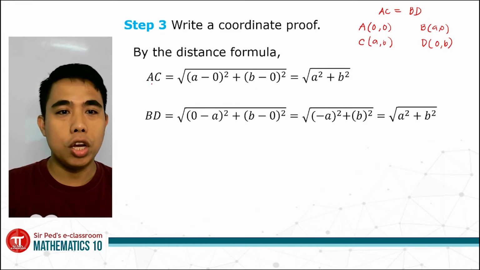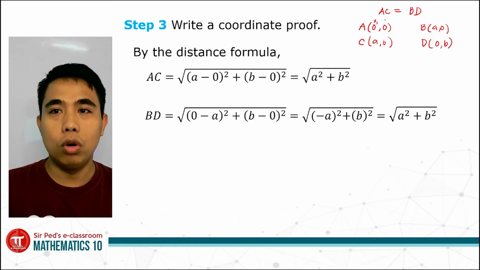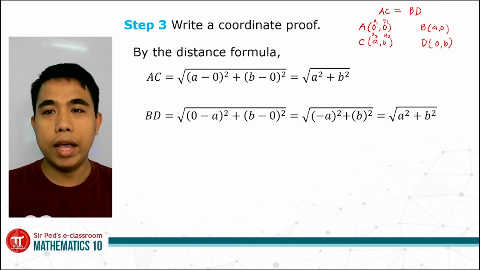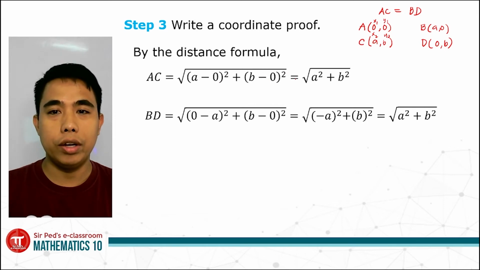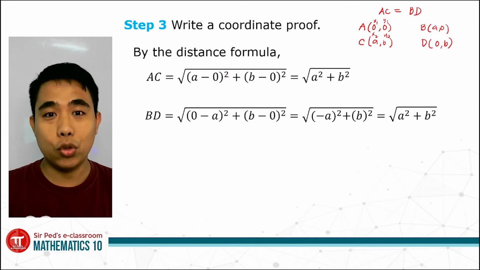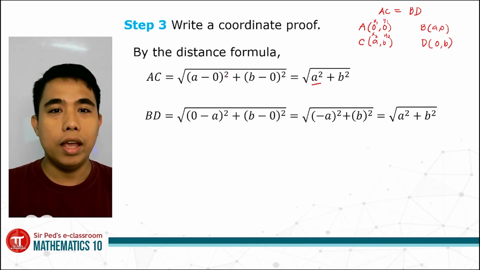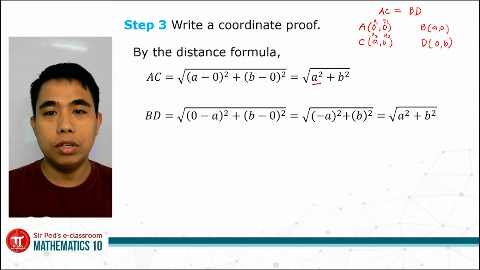So by substitution, AC is equal to the square root of, this is x sub 1, y sub 1, x sub 2, y sub 2. So that will be a minus 0, the quantity squared, plus b minus 0, the quantity squared, which is equal to the square root of a minus 0 is a squared. Yan. And then b minus 0, that is b squared. So that is equal to the square root of a squared plus b squared.